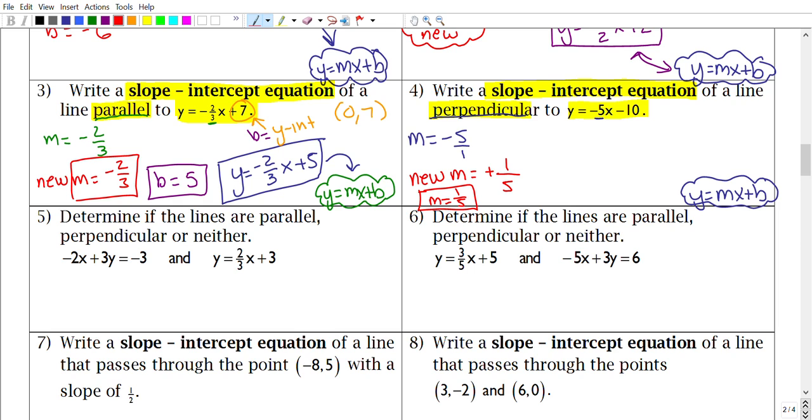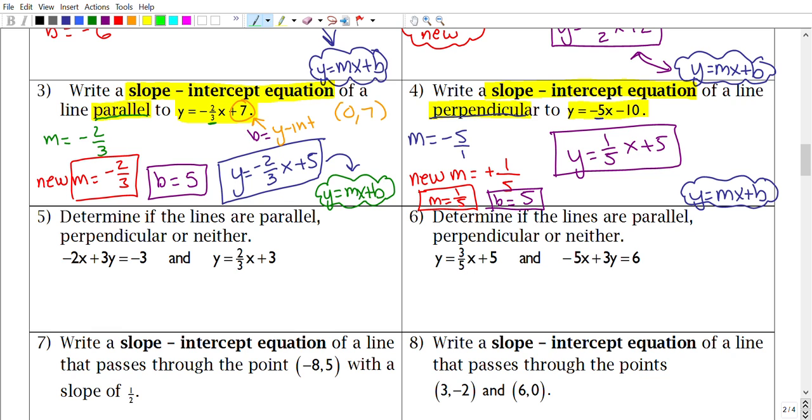And just like number 3, we weren't given any other piece of information, so we can choose again whatever y-intercept we want. So let's go ahead and just pick one. Let's pick, I don't know, b equals, well, let's pick 5 again, just like we did in the previous problem. So let's go ahead and write a slope-intercept equation. We have y equals 1/5 x plus 5.